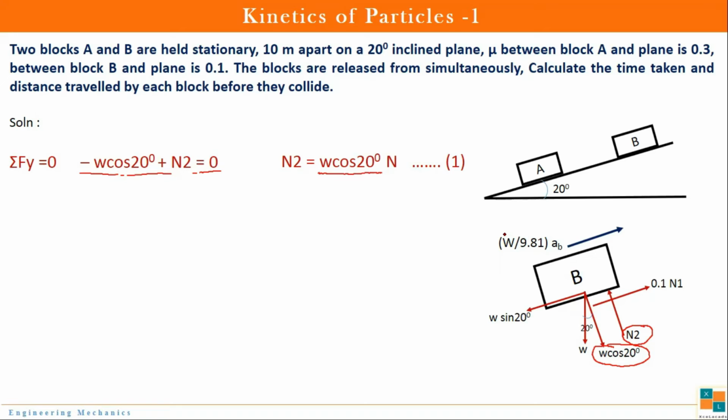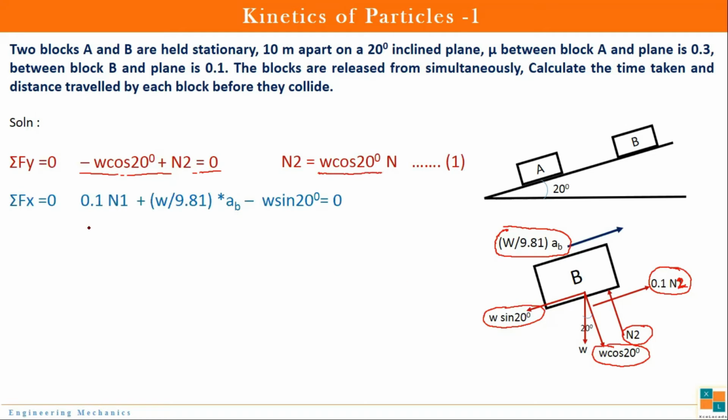Now going for the next condition, that is summation of Fx equal to 0, I have the forces W divided by 9.81 AB, 0.1 N1, 0.1 N2 and W sin 20. So I will substitute these values and get the equation as 0.1 N2 plus W divided by 9.81 AB minus W sin 20 is equal to 0.